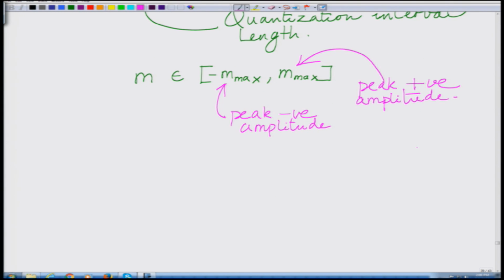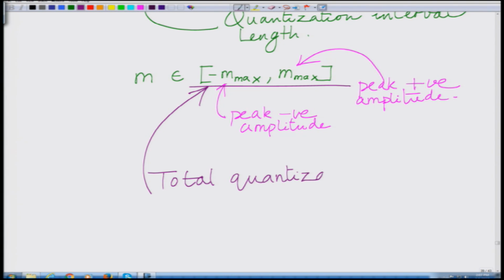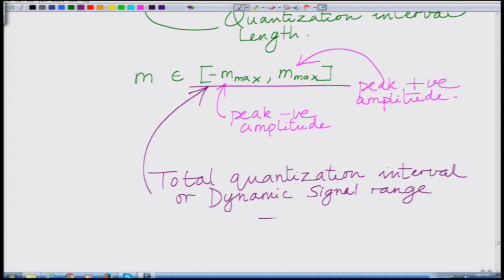And let us say, therefore, the total width of the quantization interval, or we can say the dynamic signal range, that is equal to twice m max.